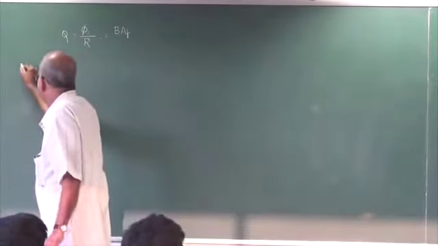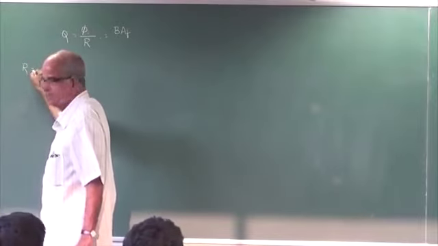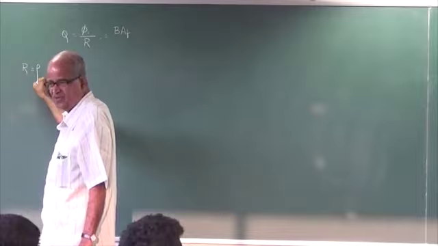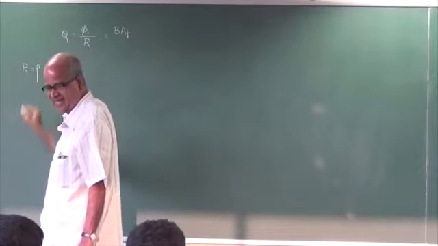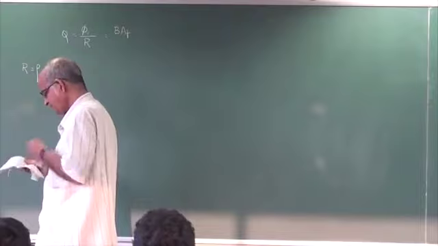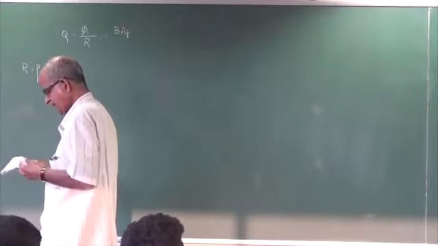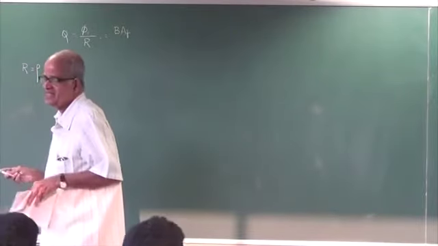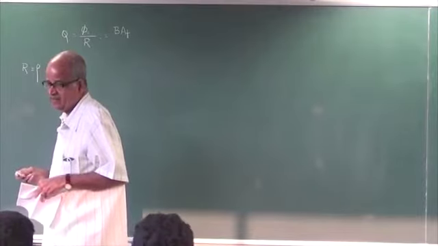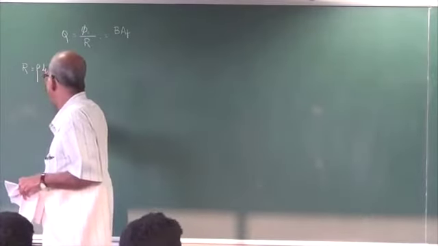What is R? Rho into L by A. Okay. You take the length of the side as some small a. Then what is L there? 4a.